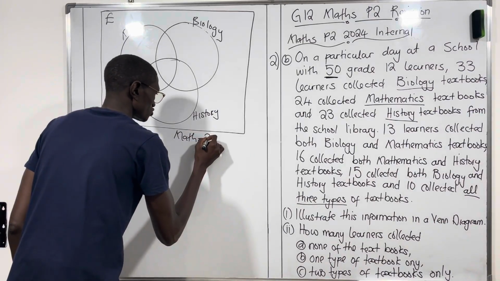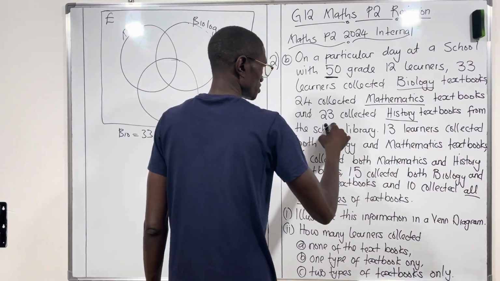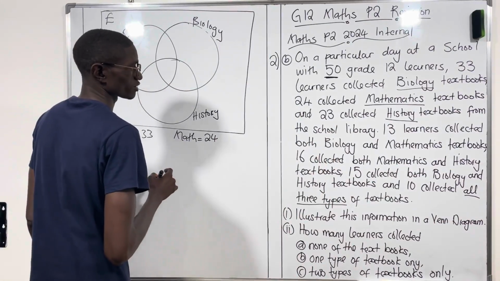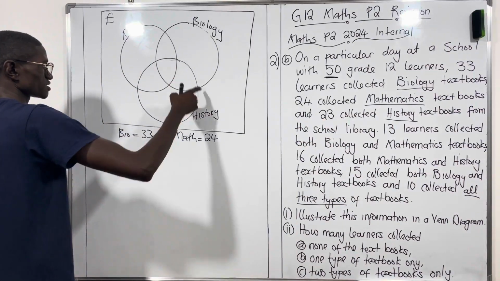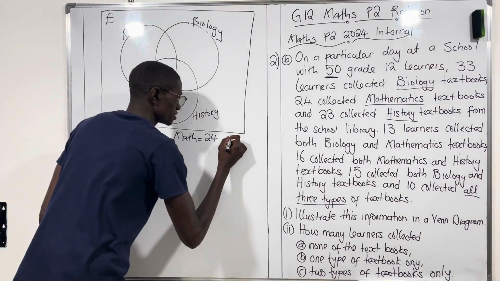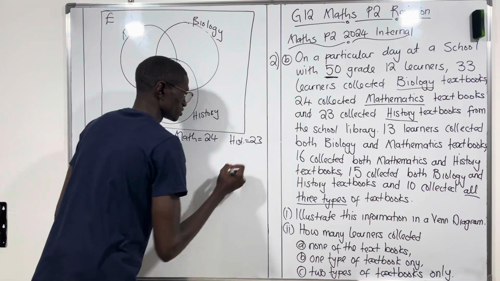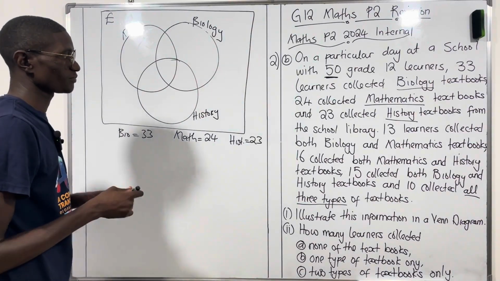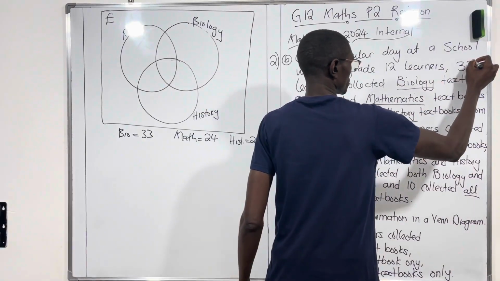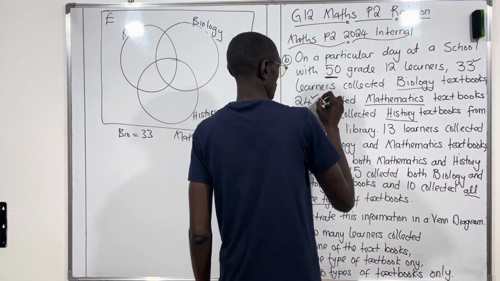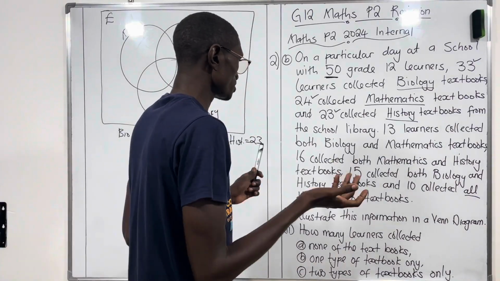And history should be 23, because 23 collected history textbooks, meaning the entirety of this set for history should be 23. This information is very important. Okay, so we've taken note of these values, and then we continue reading further.